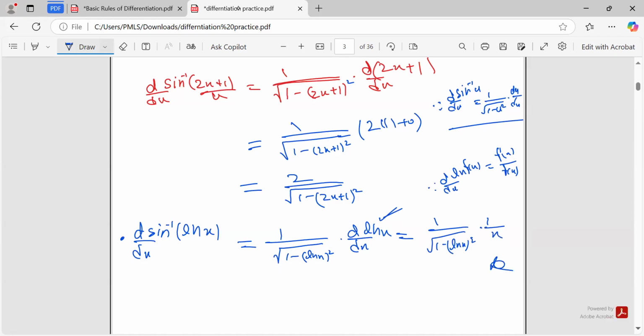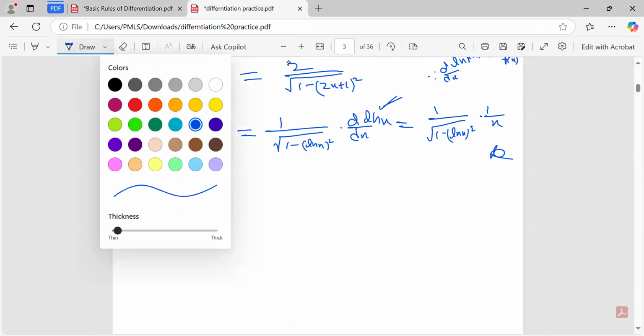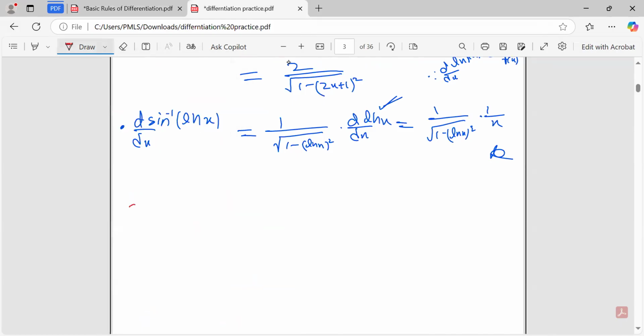This is the answer. After that, the second one: if you have cos inverse of u, it will be minus 1 over square root of 1 minus u squared times du by dx. Let's take one example so that you understand better. For example, you need to find the derivative of cos inverse of 5x squared plus 1.